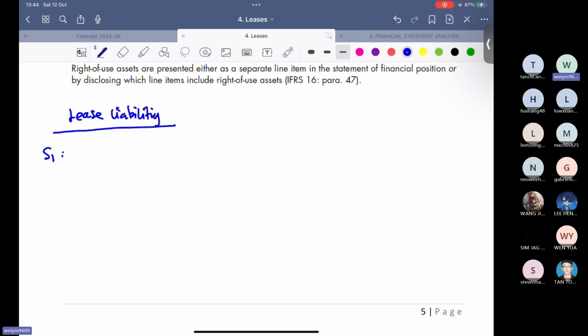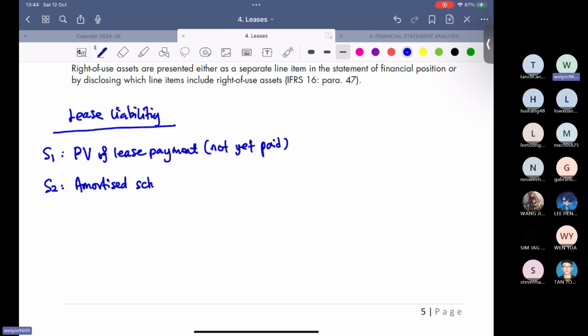Step 1, calculate the present value of lease payments, which is not yet paid. That's why it's a liability, because you are yet to make the payment. Step 2, because the standard says increase by the interest, reduce by the payment. So I will call it an amortized schedule.